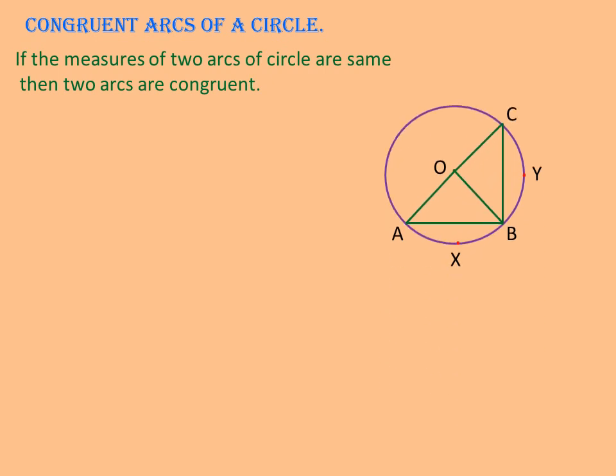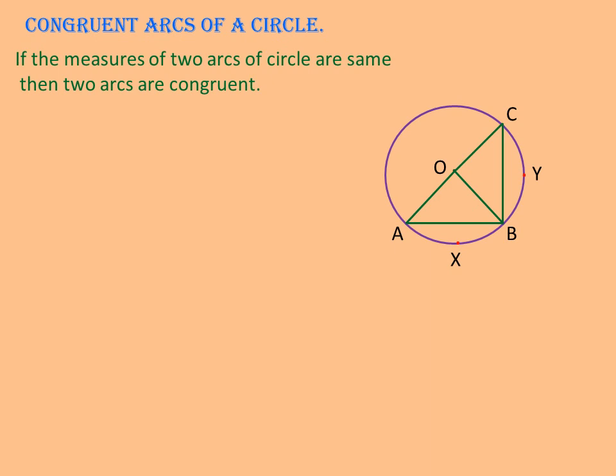Here is a circle with center O, and we have different chords in it. If you talk about chord AC, which acts as a diameter, and if I take chord AC, again I will have the circle in two parts. One is arc AC and the other one is arc ABC.